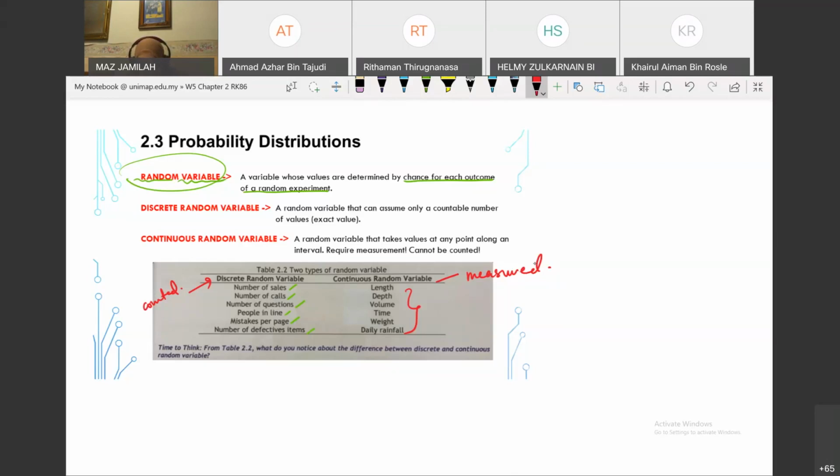Number of books, discrete, yes. The length of the table, for example. What else? Okay, it's okay. You can see clearly the difference between a discrete random variable and a continuous random variable.